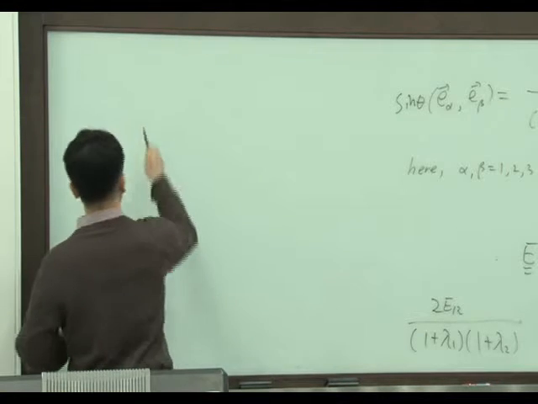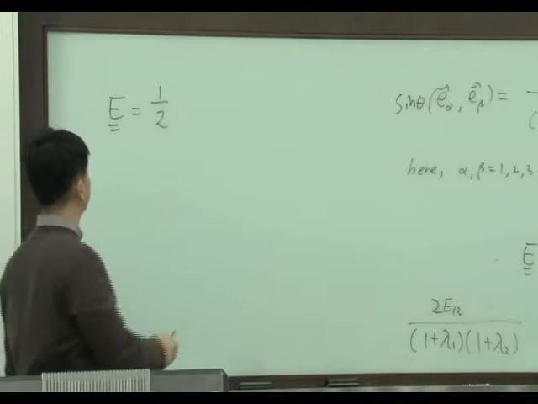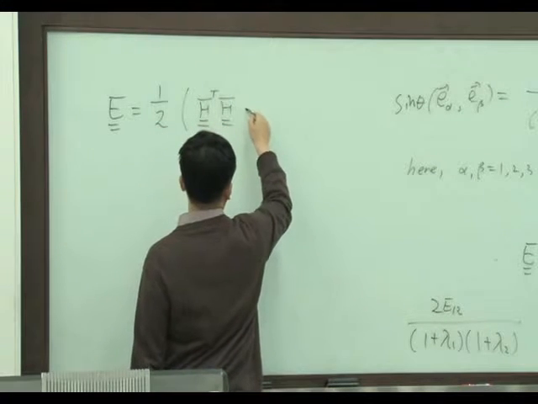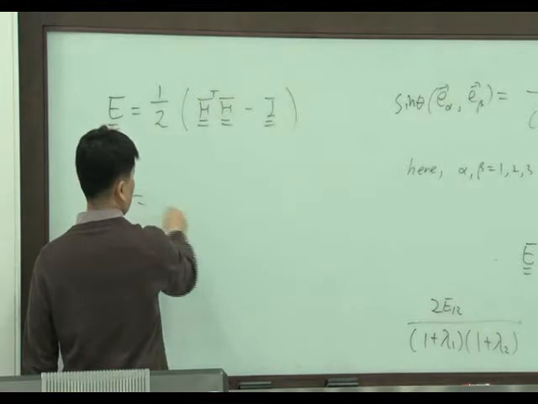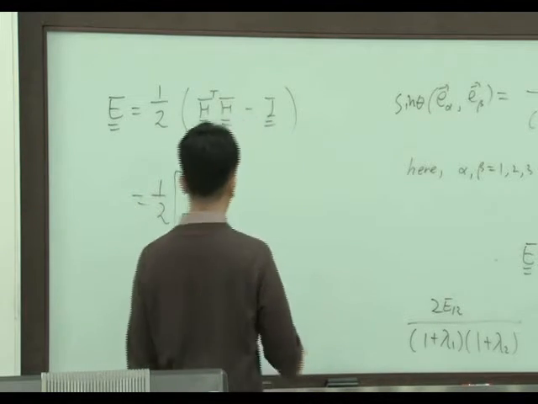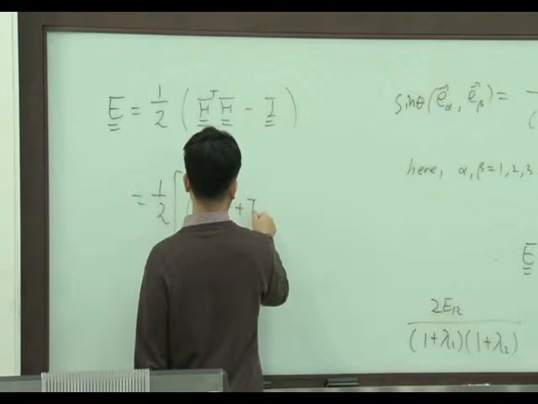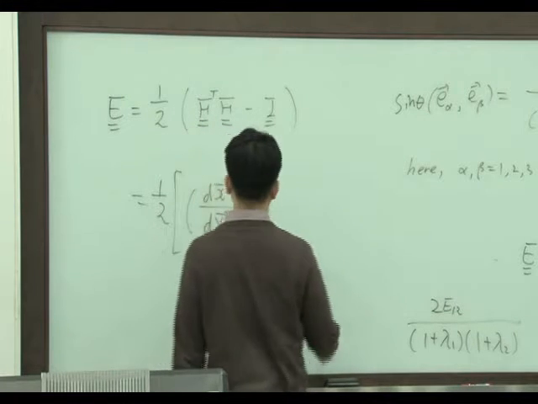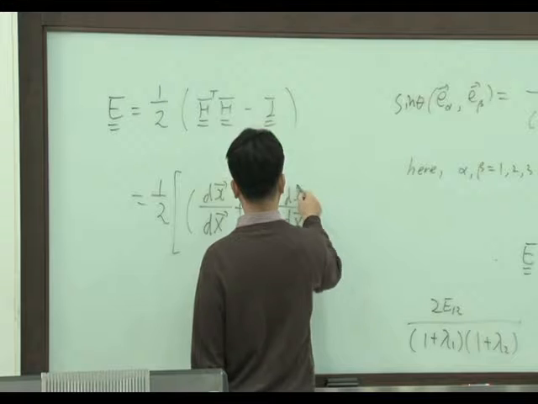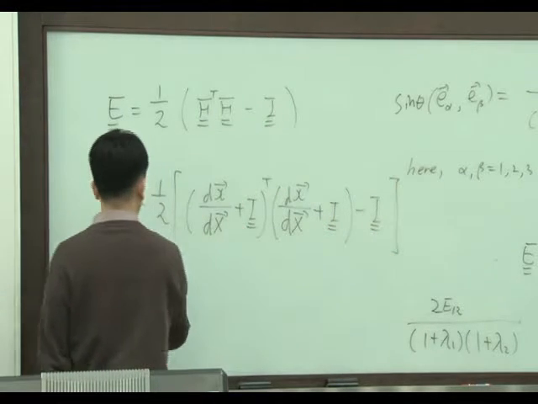Green-Lagrange strain tensor E equals 1 over 2 times the deformation gradient F transpose F minus I. Let's put that result in here. 1 over 2 times (I plus du over dX) transpose times (I plus du over dX) minus I. Okay.